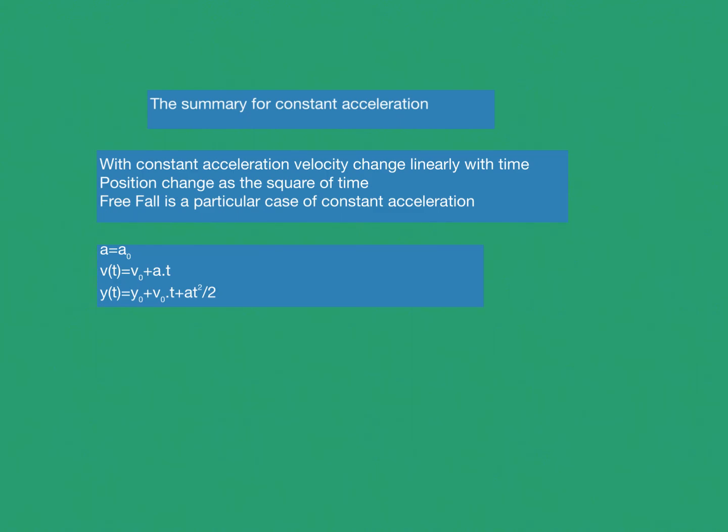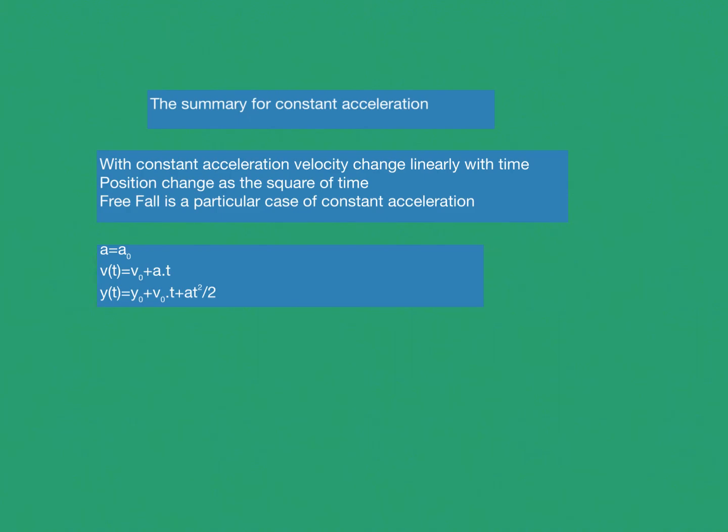So don't be confused by free fall. It is not a different thing from motion with constant acceleration. It is exactly the same thing. It is the case when the acceleration is constant and its value is minus 9.8 meters per second squared, or approximately minus 10 meters per second squared.